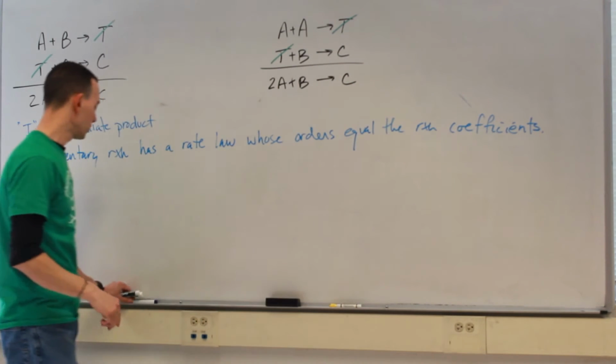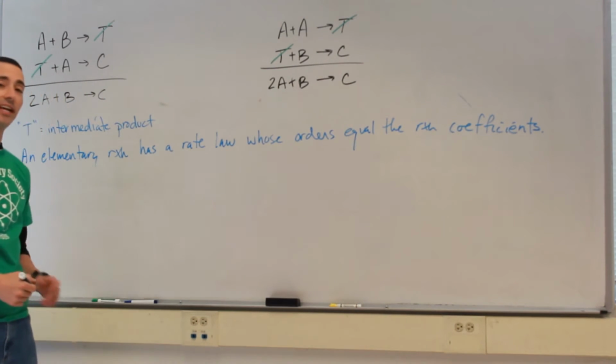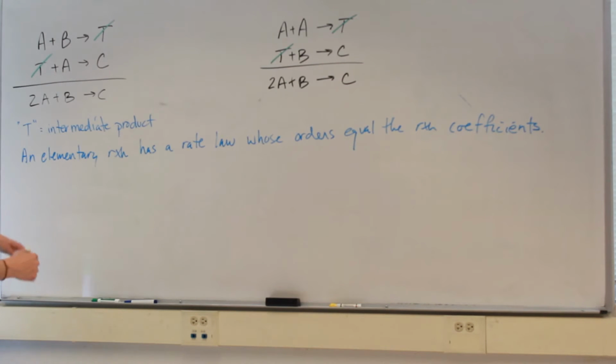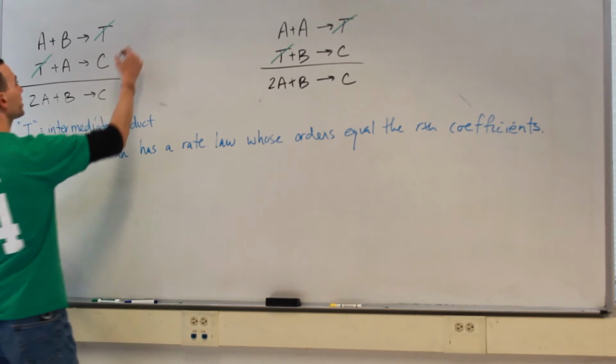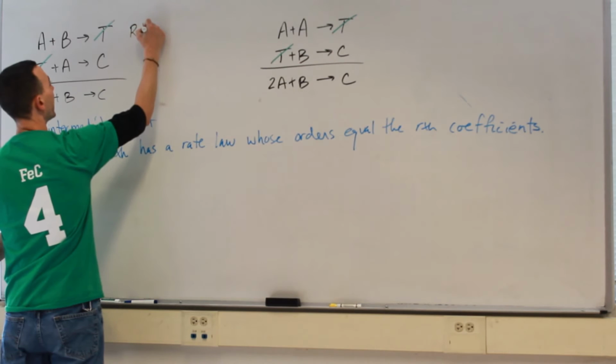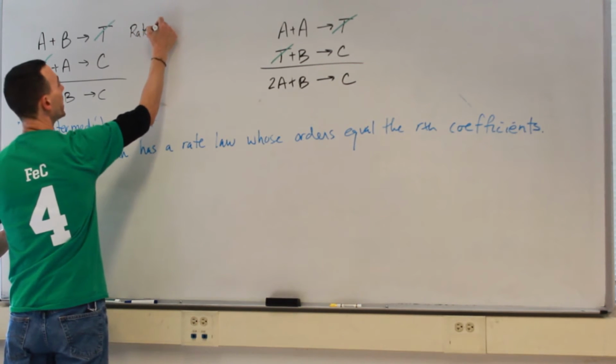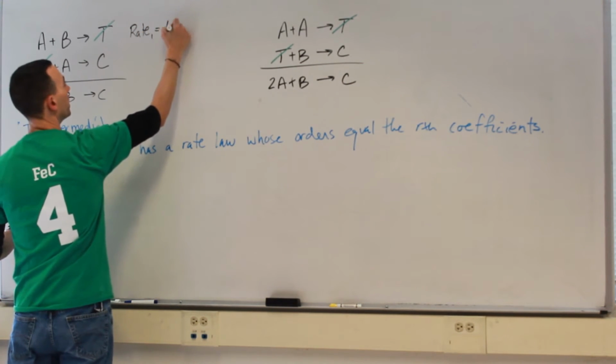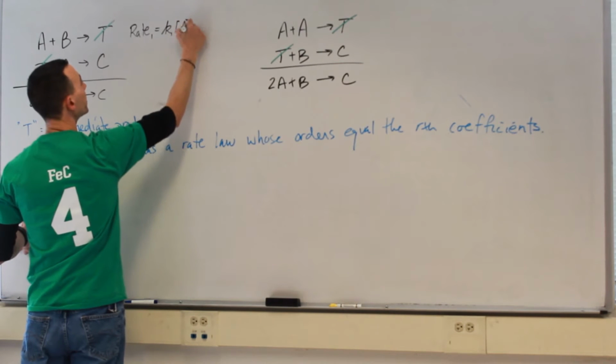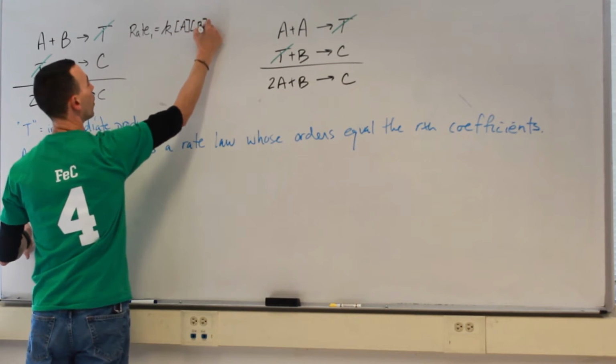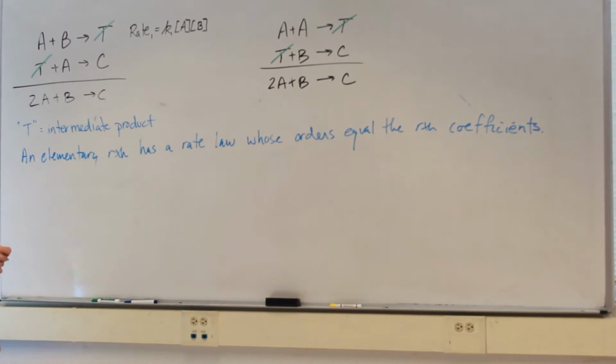It's a little thing we've come to understand about these elementary steps. This reaction of a molecule of A plus a molecule of B cannot happen unless you have an A and a B. So the rate of this first step is linearly, directly dependent on both A and B.